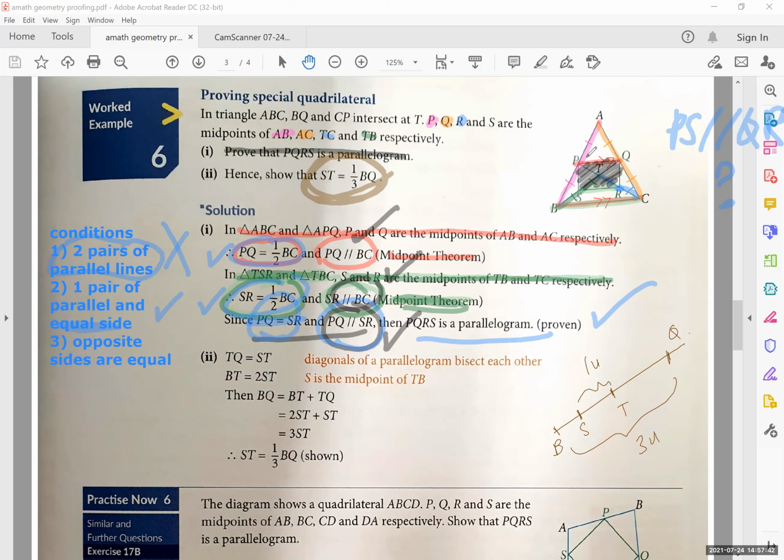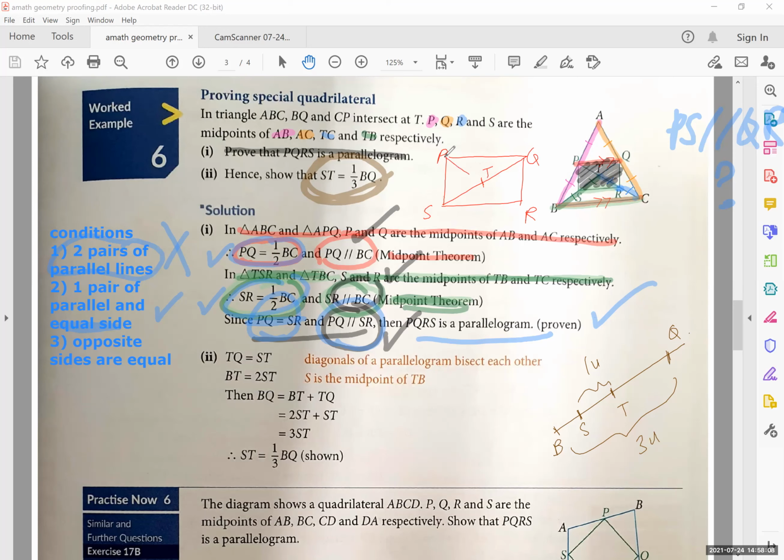Okay, do you guys remember the properties of parallelogram? What other things about parallelogram that you know? The opposite angles are the same. Okay, might not be relevant for this case. PQSR. Then can you see SQ? And then there's a T here.